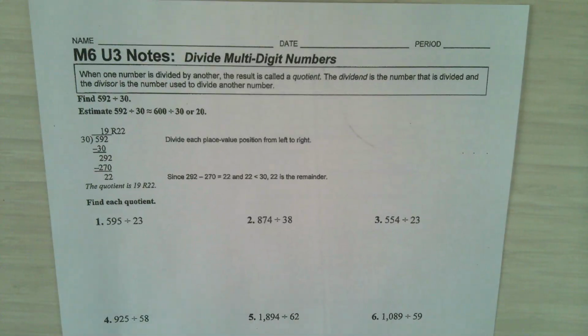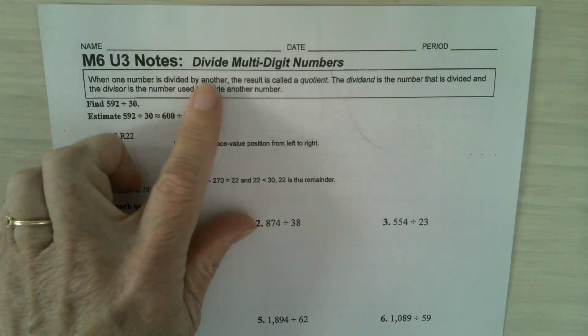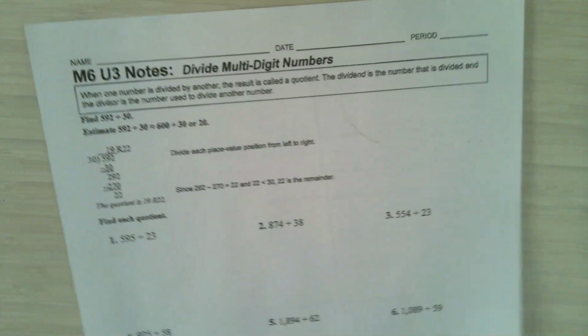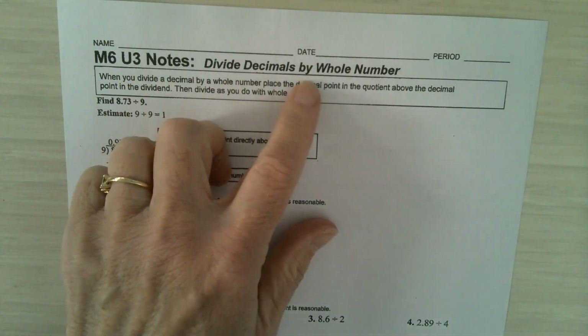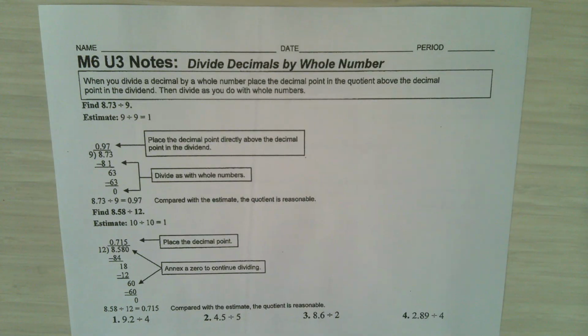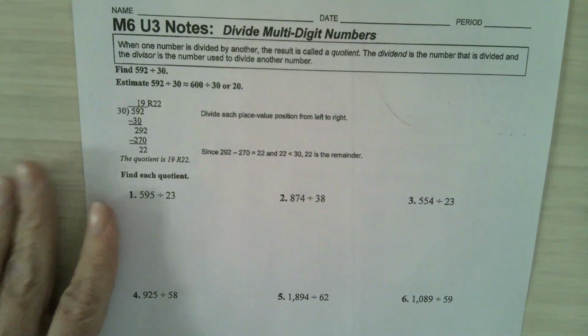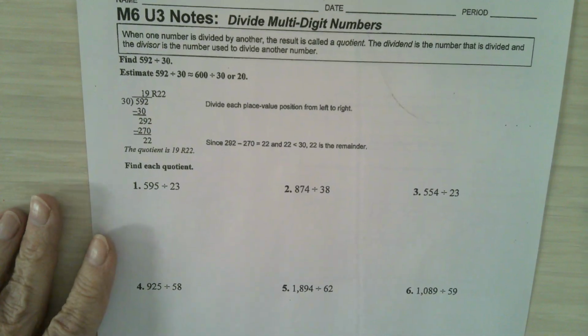Okay, now have the side that says M6U3 notes, divide multi-digit numbers. And we're also going to do the back side where we're going to divide a decimal by a whole number today. So we're going to do 2 different types of problems. Let's start with this page. This is like what we were doing in our math journal, where we're going to have remainders.